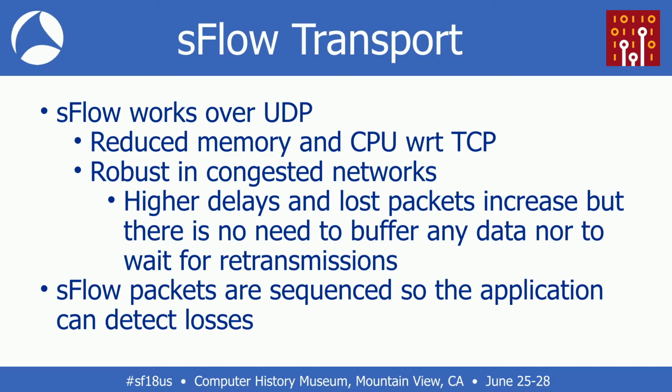And the effect of packet loss is negligible because the counters that are sent are cumulative. So if you lose a counter sample, the next sample that you will receive will automatically contain the values of the sample that has been lost.